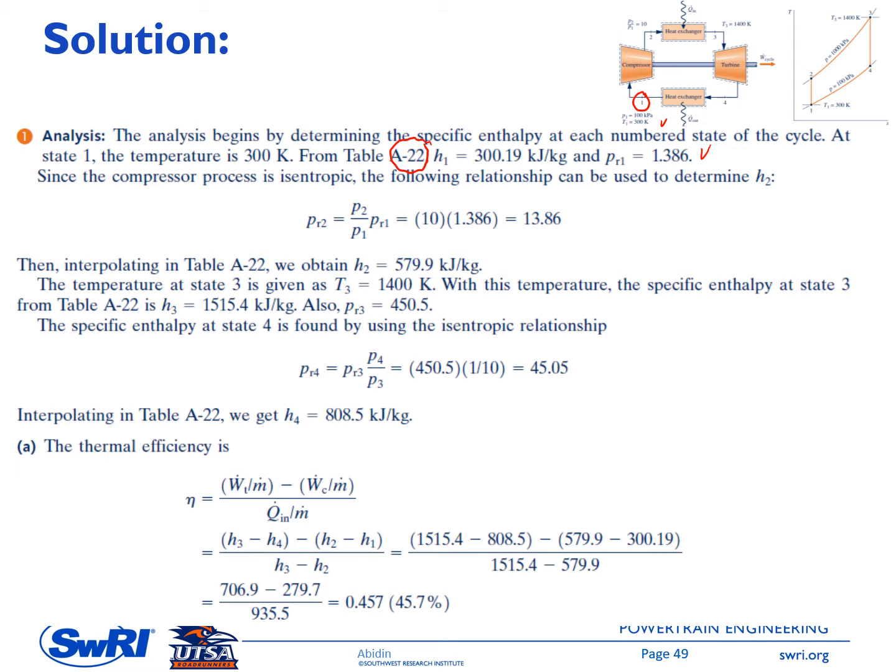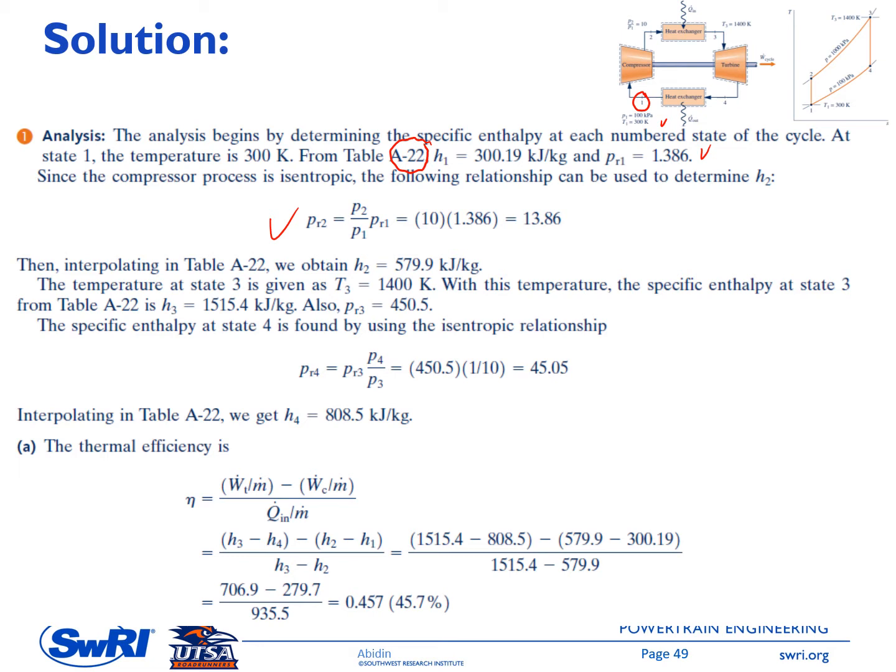Once we have the properties at state number 1, we go to point 2. In this case, you will need to get PR2 based on the information of PR1 and P2 over P1. This is the relationship that works for an isentropic process.